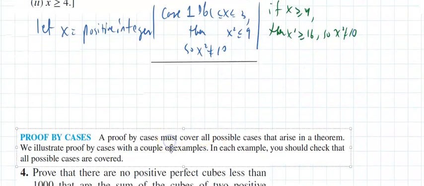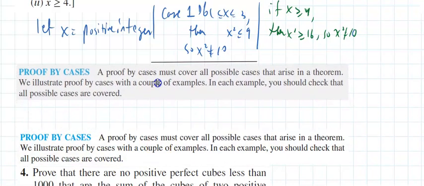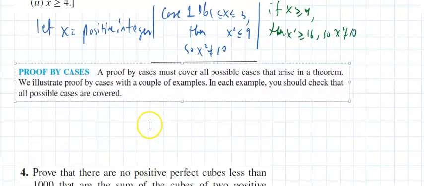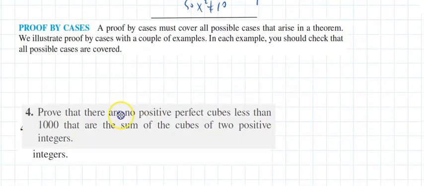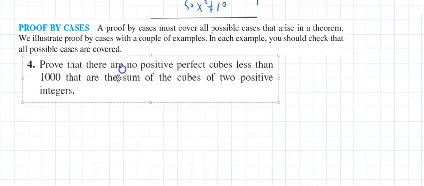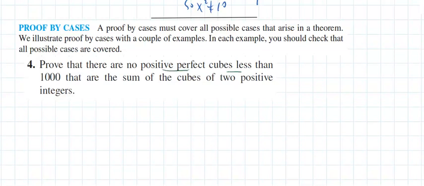Here's another case. A proof by cases must cover all possible cases that arise in the theorem. This one is a bit lengthy, but I'm going to shorten it a bit. Prove that there are no positive perfect cubes less than 1,000 that are the sum of cubes of two positive integers.